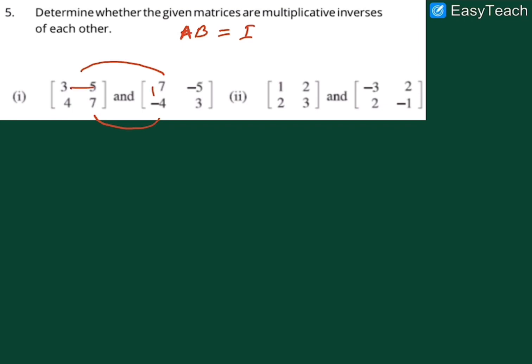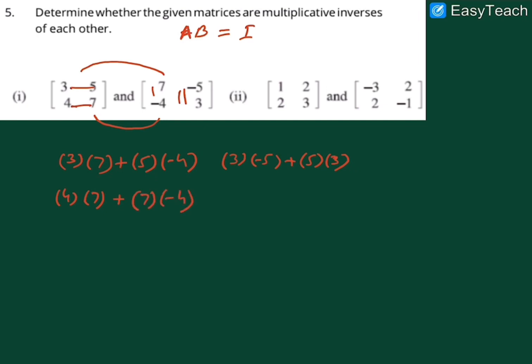So multiply this with this. 3 times 7 plus 5 times minus 4, and 3 times minus 5, first row with second column, plus 5 times 3. You know how to multiply; we have done in the previous videos how to multiply two matrices. Now second row will multiply with first column, 4 into 7 plus 7 into minus 4.